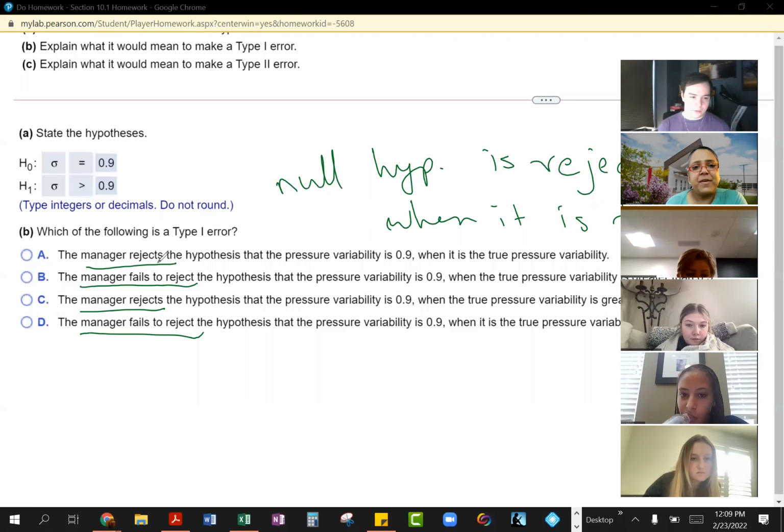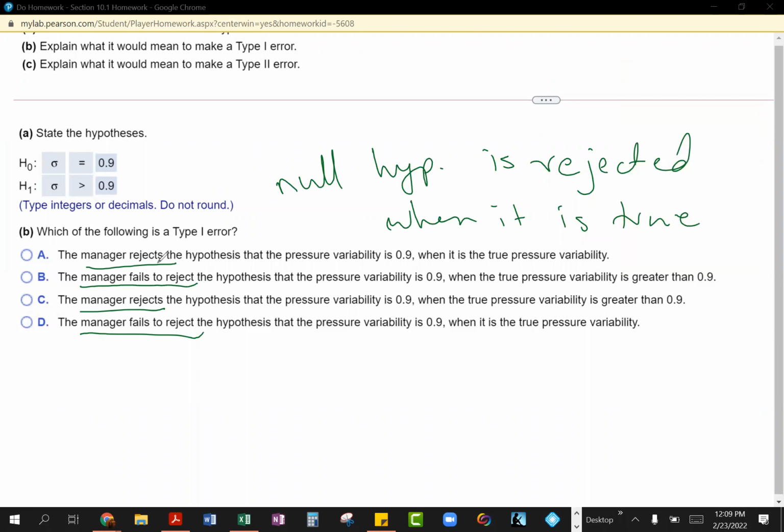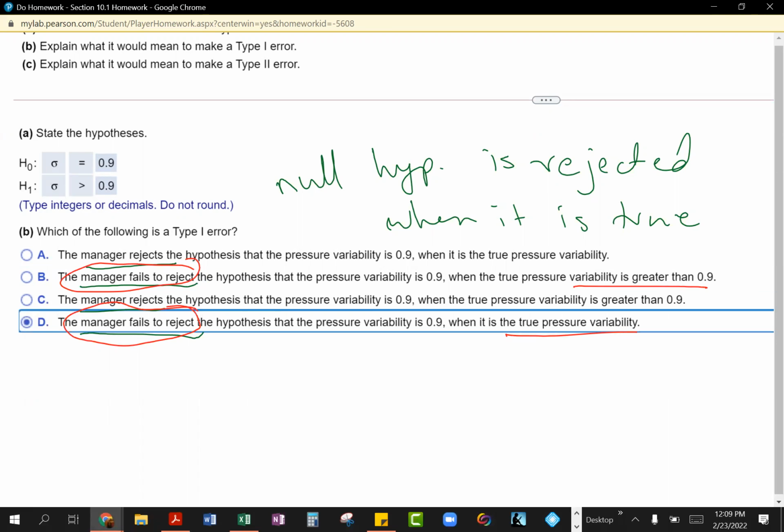Fails to reject, okay. So you are going with either options B and D where they're saying fails to reject. So we are saying the manager fails to reject the hypothesis that the pressure variability is 0.9 when in fact the pressure variability is greater. In this case, of course, we are saying the null hypothesis is rejected when it is true. So this one would make sense. And let's see if this comes out to be true or not.